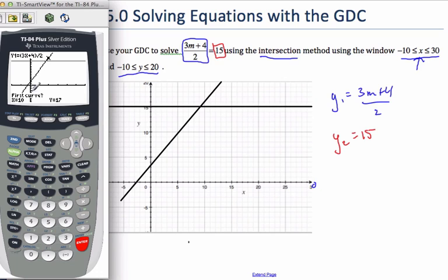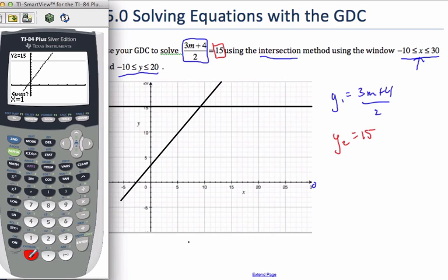Now it's asking me a question, the first curve, and it says y1 is the first curve. Well, that is good for me. I can hit enter. Second curve is talking about y2 here, which is this one, that's good. And now it says to guess. If I look at my graph here, it looks to be about 10.